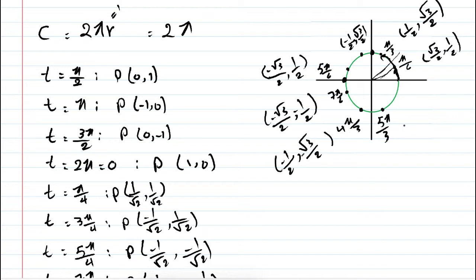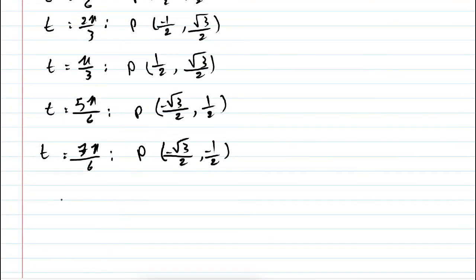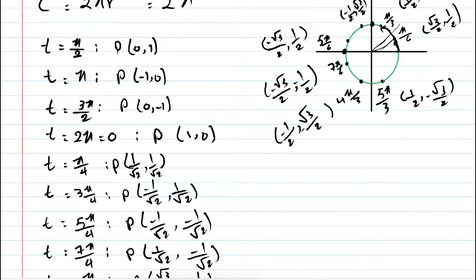So it will be 1 over 2 and negative square root of 3 over 2. So for t equaling 5 pi over 3, we have p equal to 1 over 2 and negative square root of 3 over 2. And finally, 5 pi over 3 equals 10 pi over 6.